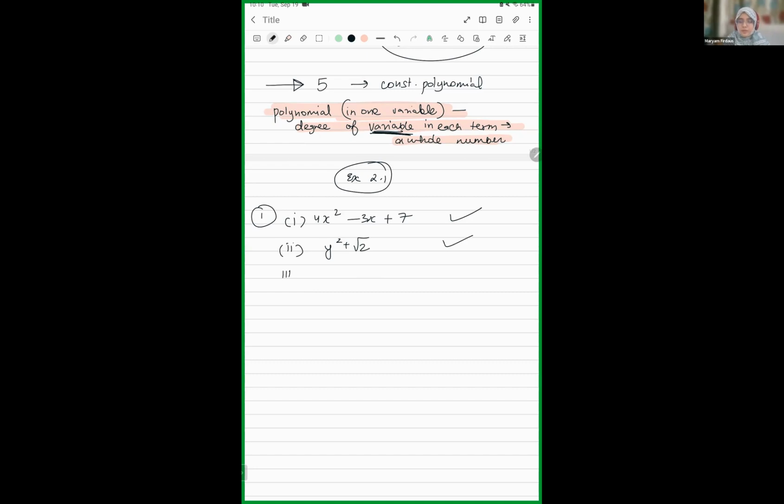The third question, 3 root t plus t root 2. Abdul Jabbar, I think Abdul Jabbar has already done. Abdul Rahman, this one, the third one.